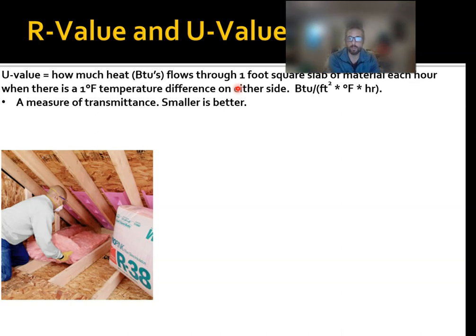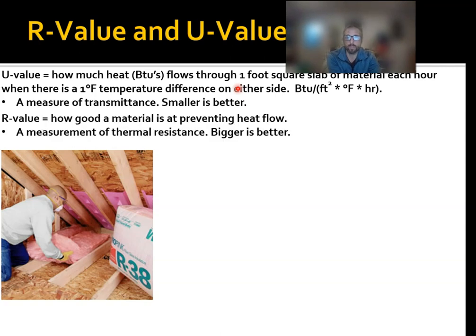All right, let's look at a few examples just to hammer this home after we go over R value. R value just tells you how good of an insulator it is. It's the inverse of U value, so it's 1 over U. If you think about it, a lower U is better because it's less transmittance.